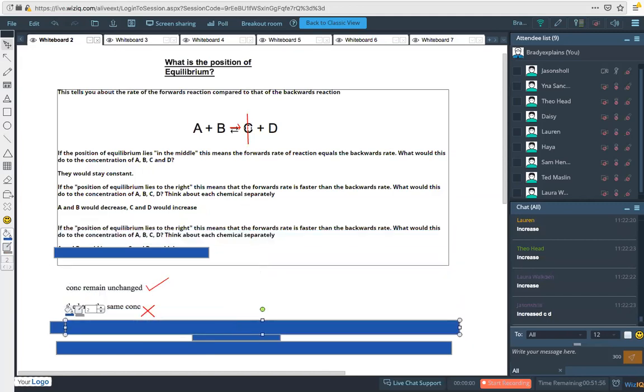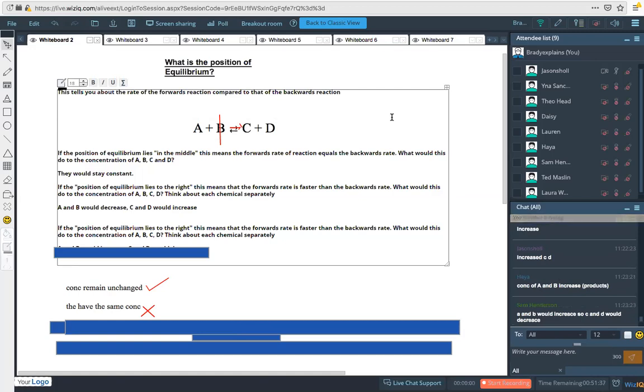So last question on this page then, if we now shift the position of equilibrium to the left, so look, my imaginary line now lies to the left, what would that do to the conc of A, B, C, and D? Yeah, excellent, higher, excellent, Sam, exactly.